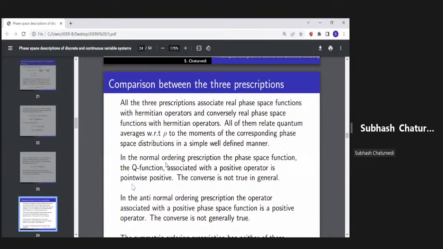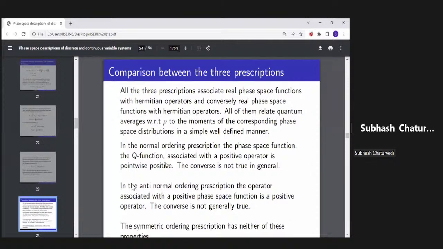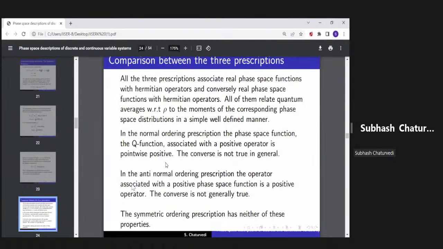In the normal ordering prescription, the phase space function, the Q function associated with a positive operator, is pointwise positive. The converse is not true in general. In the antinormal ordering prescription of Sudarshan, the operator associated with a positive phase space function is a positive operator. The converse is not generally true.